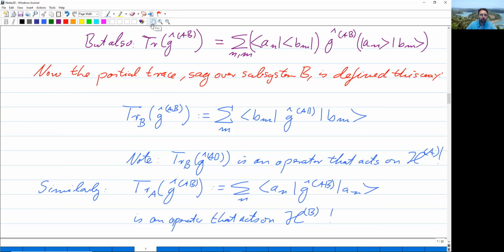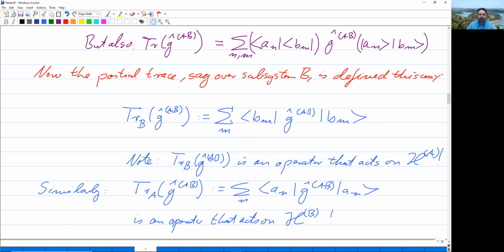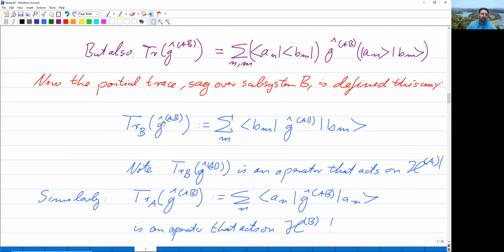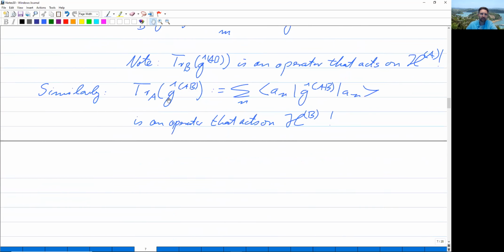Now, there's an important consequence that we can read off from this. That's sort of a trivial consequence, but it's important, which is that when we perform a partial trace, as we did here, we traced over only subsystem B, then we obtain an operator that acts on the Hilbert space A, and then if we do the trace over subsystem A, then in total we have performed the total trace. Right? Because in order to get the partial trace, we just did the tracing operation incompletely. If we then complete it, we get back to the usual trace.